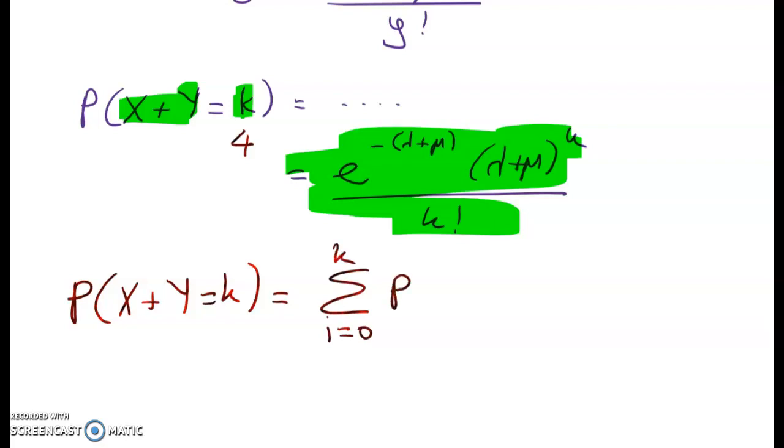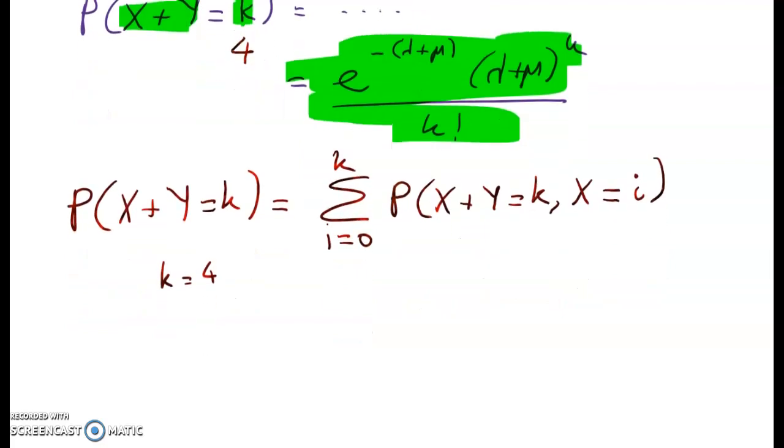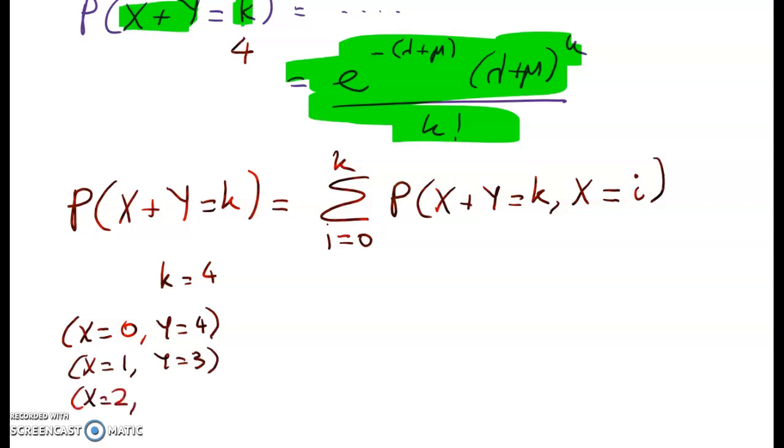That would mean getting X plus Y equal to k, and X equal to all of the numbers up to k. For example, if k were 4, then we'd have to look at these cases. We'd have X equal to 0, Y is 4, and then X equal to 1, Y is 3, and so on.